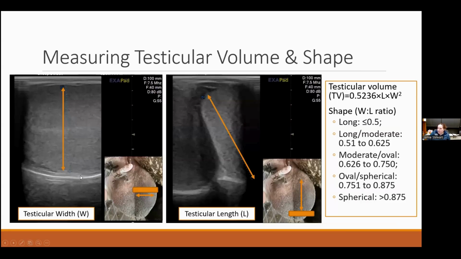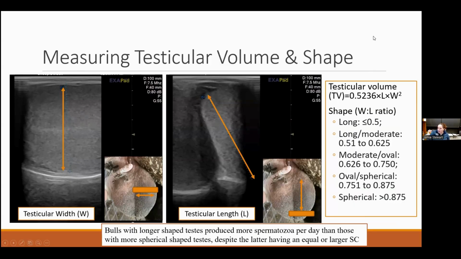Okay, let's see. I've got a whole talk on this, but this is just a preview: you can actually measure testicular volume. You can look at their shape. And I'll talk about some of the things we're using to look at the echogenicity of our testicles. But I'm just showing that there's a lot of other things we can do to look at them besides just measuring them.